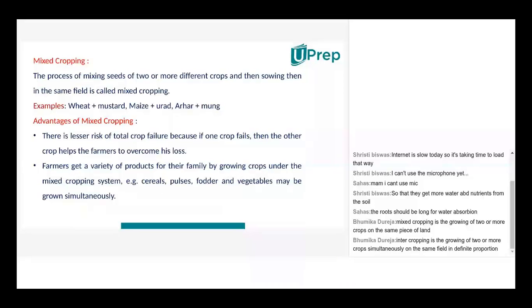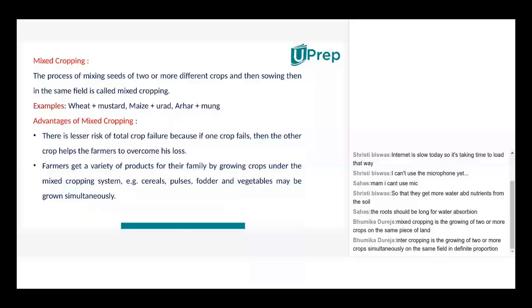One thing is that they have to be very closely associated, as in the pattern of taking care or managing these crops has to be similar. It cannot be that you're growing paddy with maize, because paddy has a huge water requirement. Maize might not have that much of a water requirement, right?